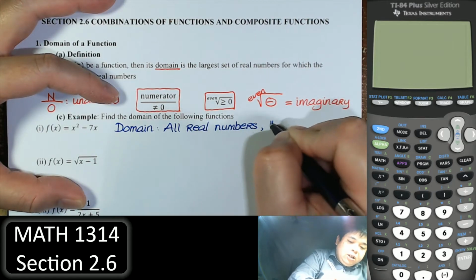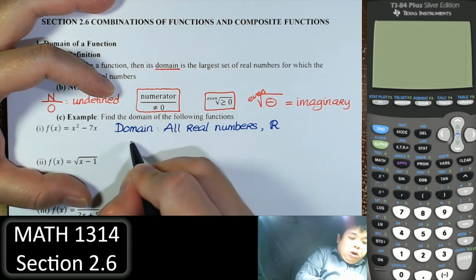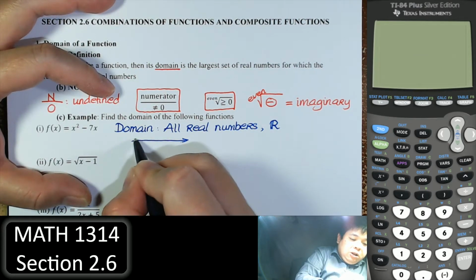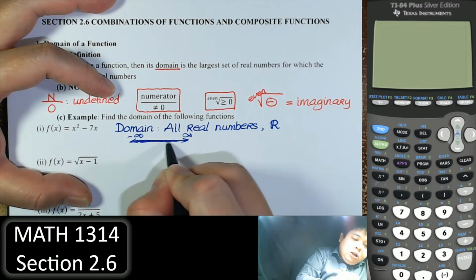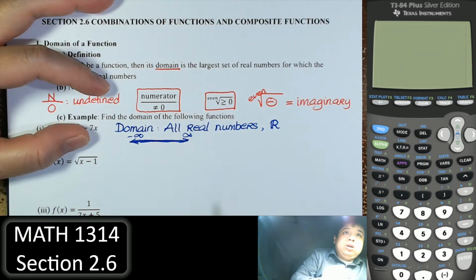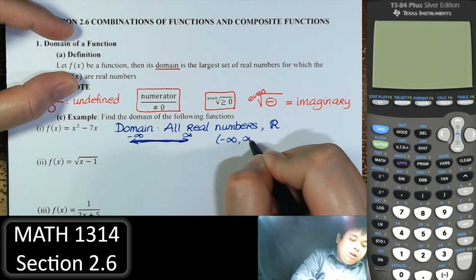And we can use this symbol for the set of real numbers. Or if we're going to draw a line, we're going to select the whole line. Or if we use interval notation, it will be from negative infinity to infinity.